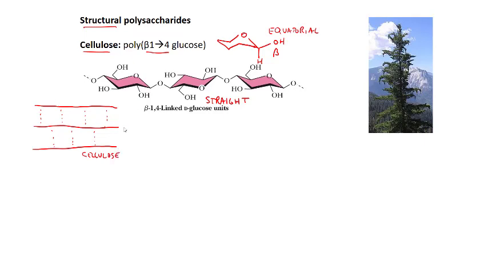You've got the different cellulose chains hydrogen bonding with each other side by side, and then these can also stack on top of each other, giving you this nice three-dimensional rigid matrix type structure. So for that reason, cellulose is very rigid. And even though it's very polar, it's insoluble in water because of all these hydrogen bonds.